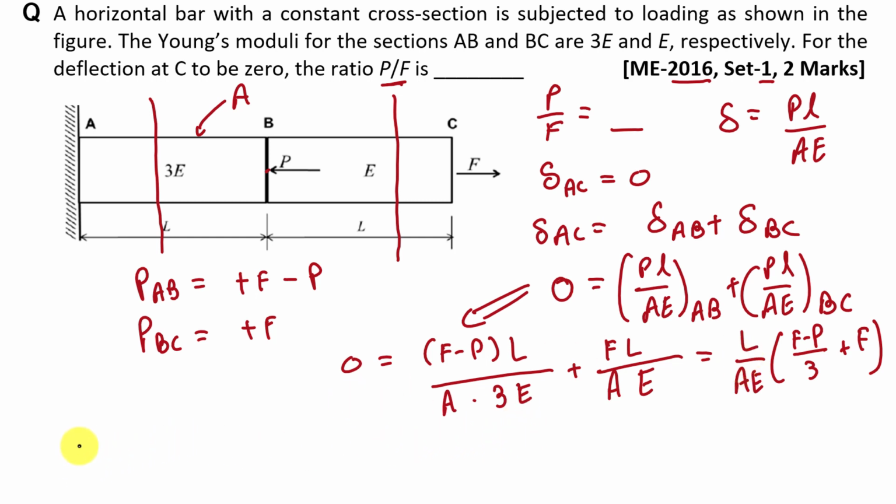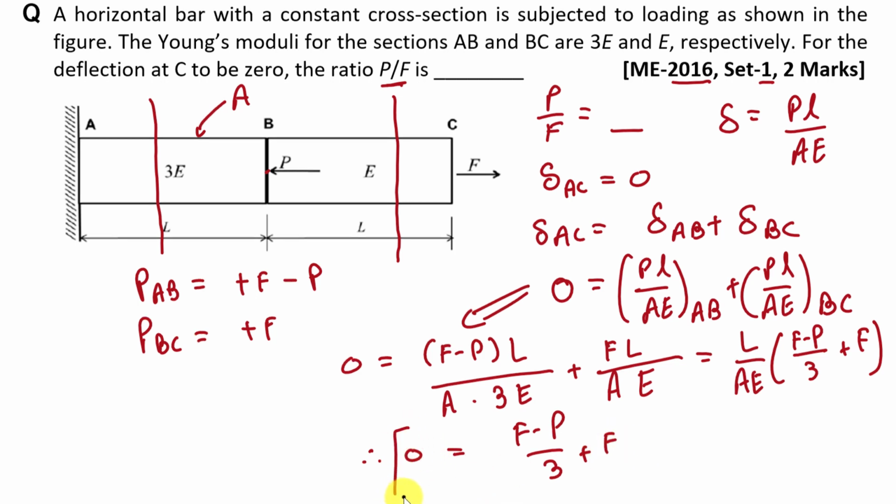So we can say that 0 is equal to F minus P divided by 3 plus F. Now from this expression you can easily find the ratio P divided by F, and it will be 4. Fine. So here our answer will be 4. There are no options given in this question; here we have to write 4 in the blank. And this question is asked for 2 marks.